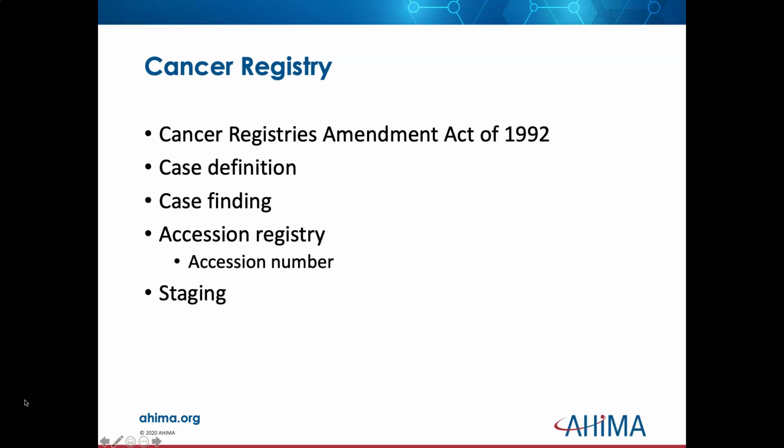When you talk about cancer registries, these are specific to obviously cancer. They look at case definition, case finding, they have an accession registry, and each one has an accession number. Each case that's in there has an accession number. It looks at the staging and grading of the cancer as well as the patient's longevity and several other areas.